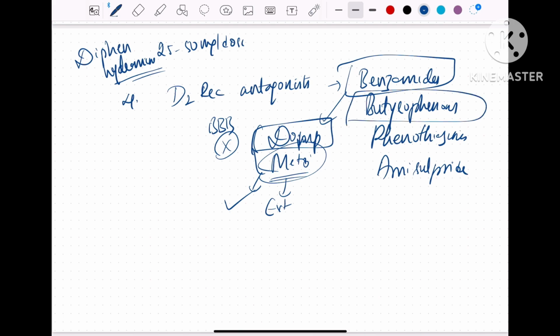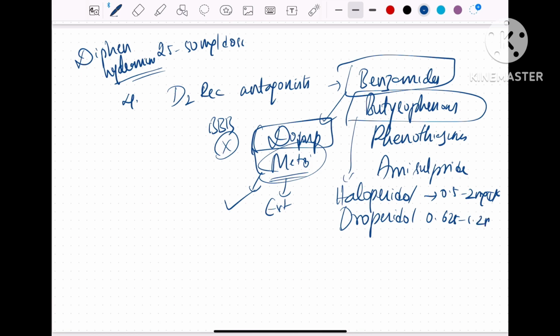In butyrophenones, we have haloperidol and droperidol. Haloperidol is given in the dose of 0.5 to 2 mg IV and droperidol 0.625 to 1.25 mg IV. Among phenothiazines, chlorpromazine is given at 10 to 25 mg orally or 25 to 50 mg IV or IM.